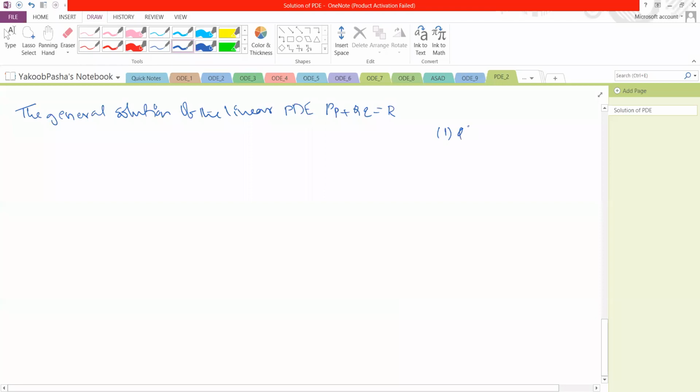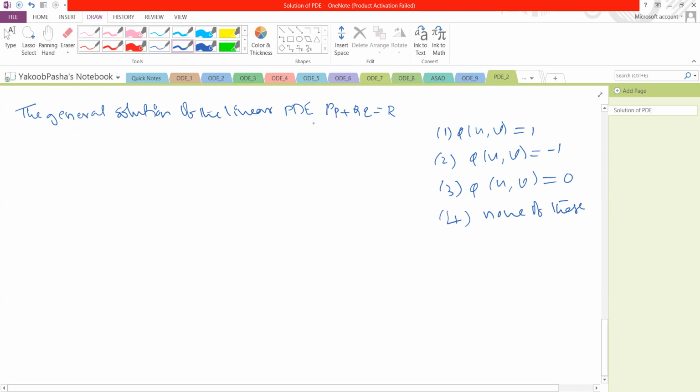First option, phi of u comma v is equal to 1. Second option, phi of u comma v is equal to -1. And third option, phi of u comma v is equal to 0. And fourth option, none of these. What is the right option here?